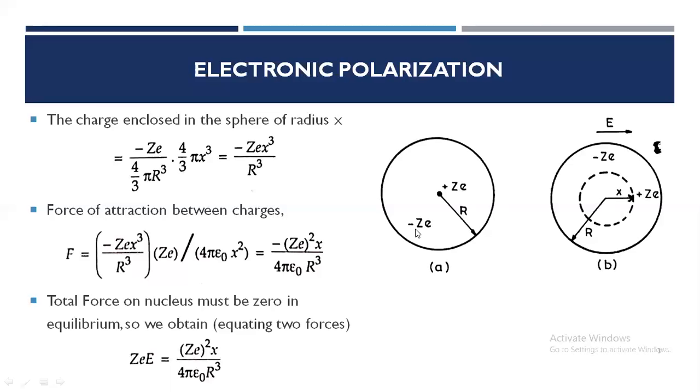It is assumed that the charge cloud is of uniform density and of radius capital R, which is shown here. With no external field, the nucleus is at the center of this sphere of charge. Under the influence of the electric field, capital E, the nucleus and electron cloud shift with respect to one another by a distance x.